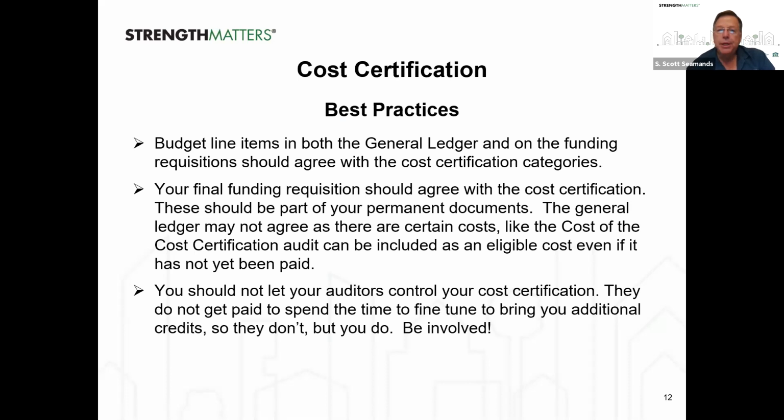So Gail is going to talk about some of the best practices now in preparing for the cost certification. Yep. So hi guys. I first want to go back a little bit on what Scott was saying. First of all, I just want to let you know, when I first started in this industry, people threw around acronyms like 8609 and I had no idea what that was. So that's just the IRS form. It's form 8609.